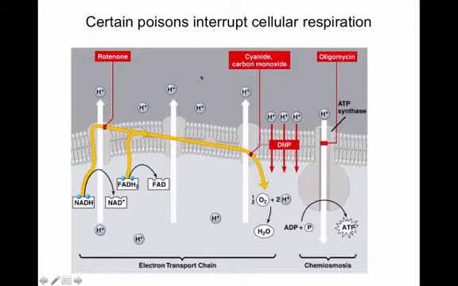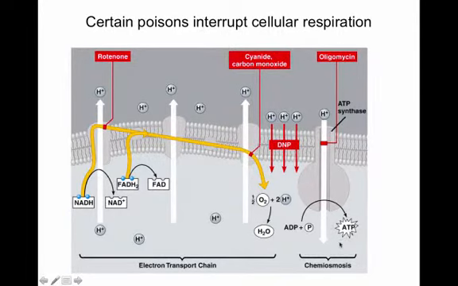So we'd only have about 1/3 as many hydrogen ions in the inner membrane space. And then only 1/3 of the hydrogen ions moving through the ATP synthase. So we'd only create about 1/3 of the ATP that we need. And that is not good.